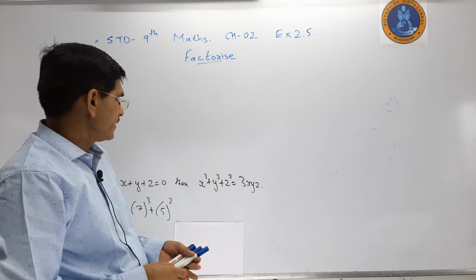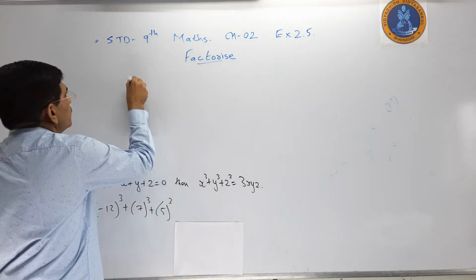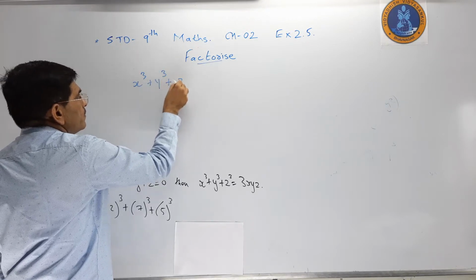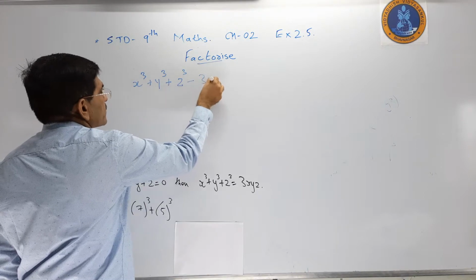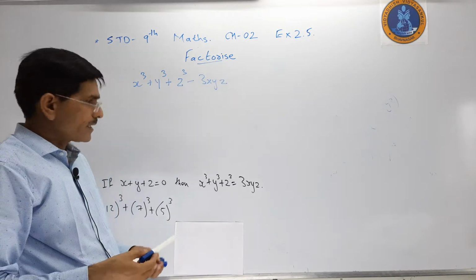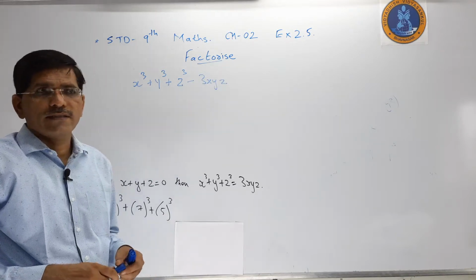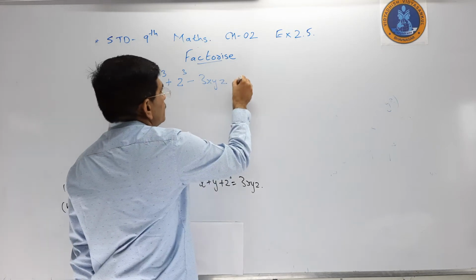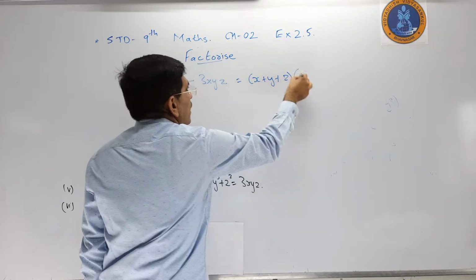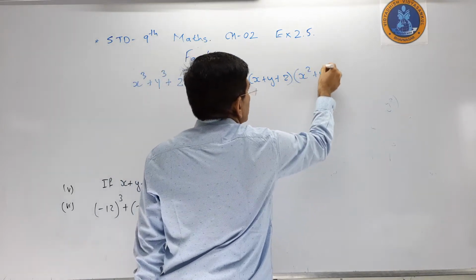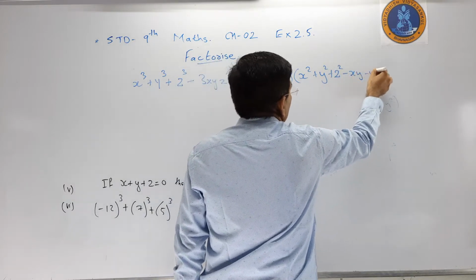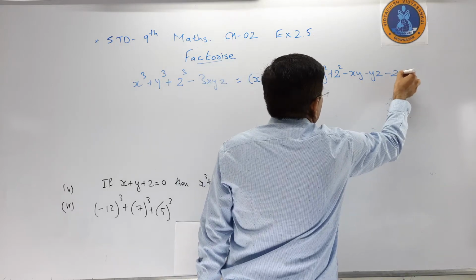So I write the first identity: x cube plus y cube plus z cube minus 3xyz is equal to x plus y plus z, x square plus y square plus z square minus xy minus yz minus zx.